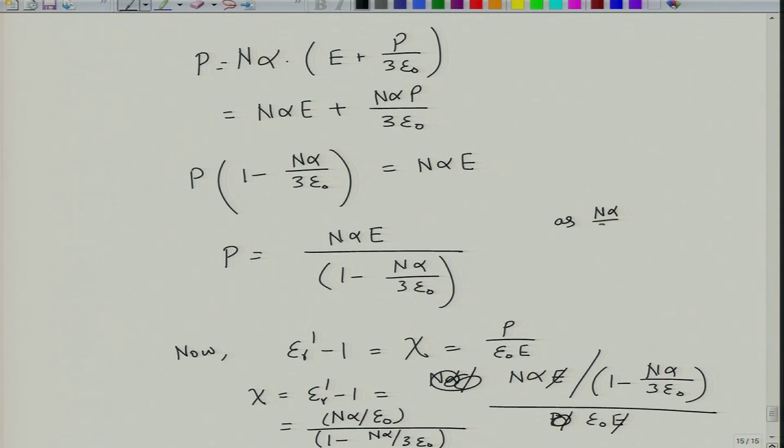Now what this shows you is that as n alpha divided by 3 epsilon naught tends to reach 1, what happens? The chi tends to reach infinity, or you can say that 1 over chi will become 0, and that is what we have seen, that near the phase transition, near the ferroelectric transition, the ferroelectrics show very large susceptibility.